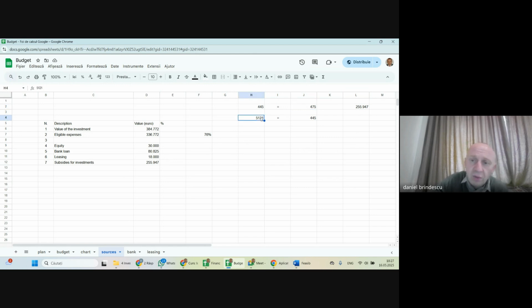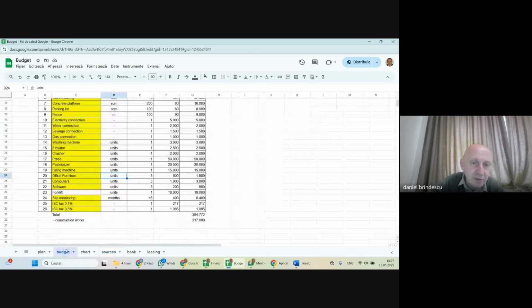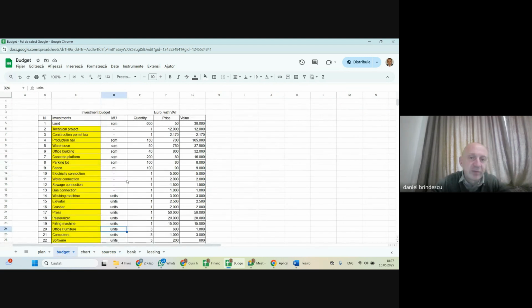And now, on the asset side, we are going to have, hopefully, 255,947 euros in lei, of course, as cash in the bank. Of course, throughout the implementation period, we are going to use the cash to pay for the different fixed assets that we have in our budget.